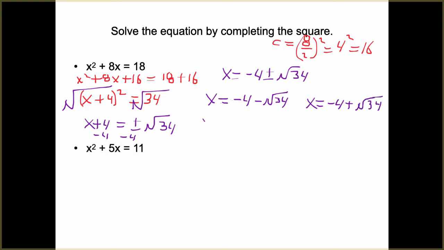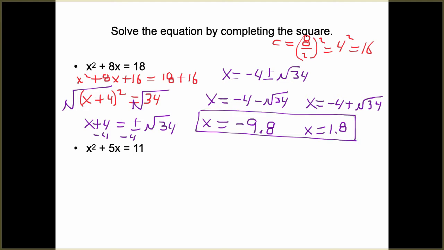It doesn't say on the top of this one, but we're going to round to the nearest tenth like we did yesterday. When you do this on your calculator, you will find that the first one is negative 9.8, and the second one is a positive 1.8. These are my two solutions using completing the square.